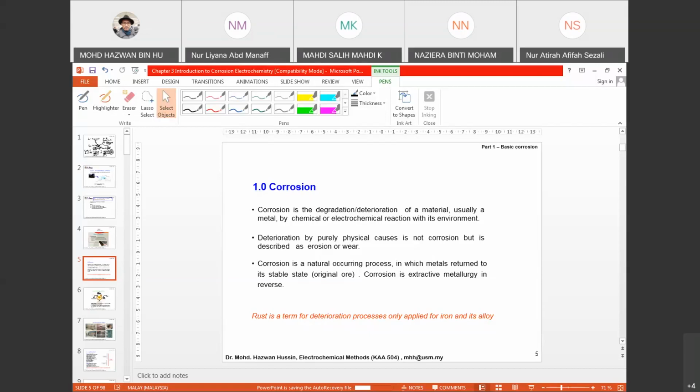Rust is a product resulting from the corrosion process, and normally rust is used only for iron. Even though we have brass and zinc oxide, normally we use the term rust for iron.